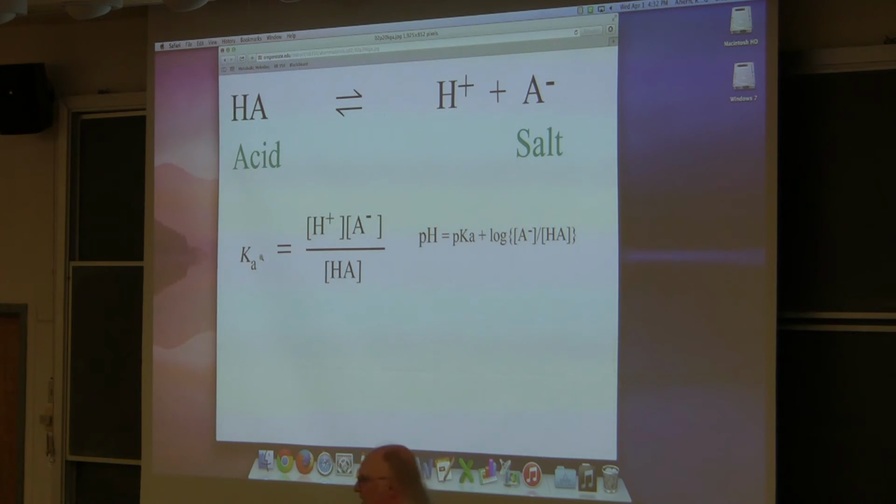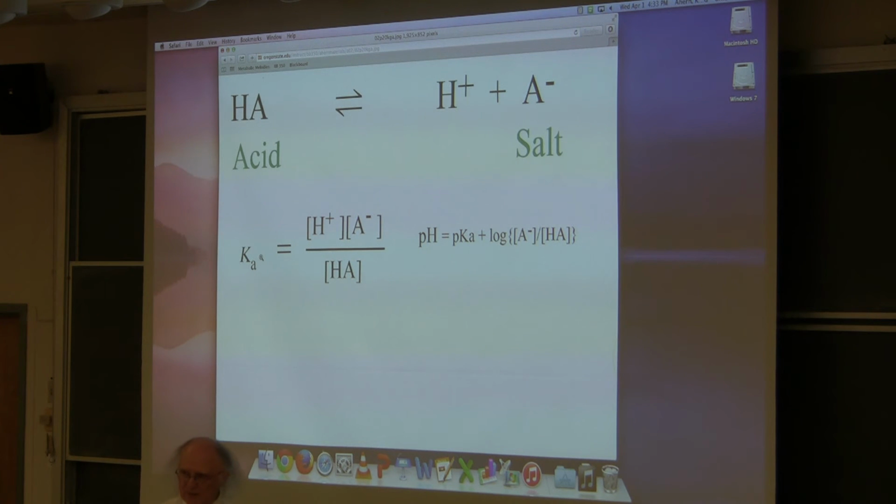I said the other day that for every hydroxide I added, I lost one proton, right? And when I lost one proton, this acid replaced that proton, right? So if I had, let's say, 50,000 of these that I started with, and I added 10,000 sodium hydroxides, I'm going to lose 10,000 protons, right?